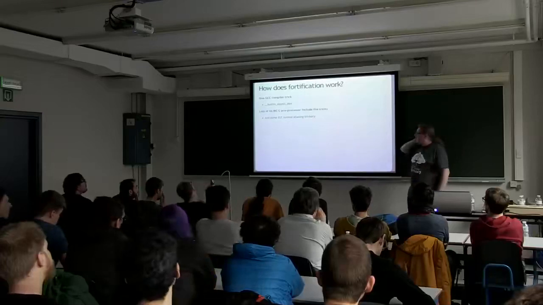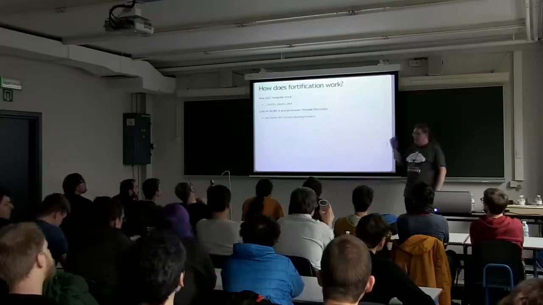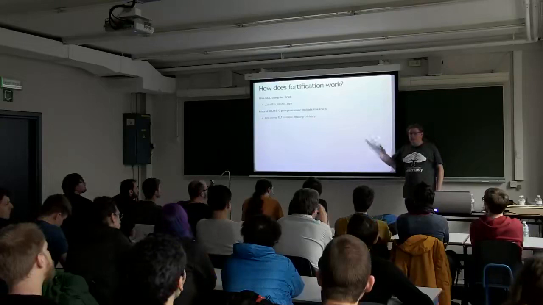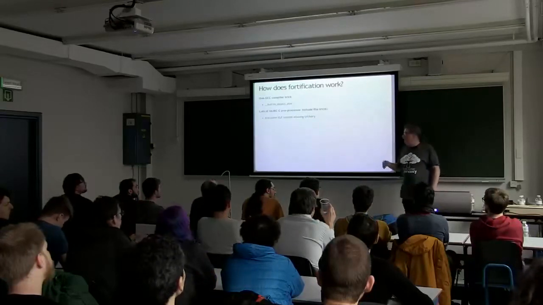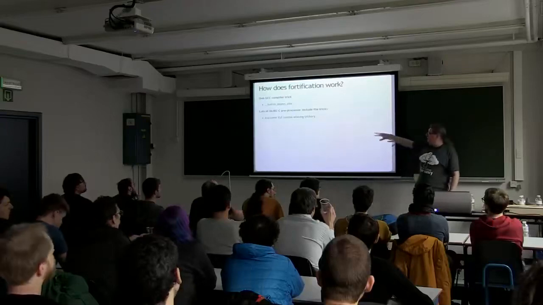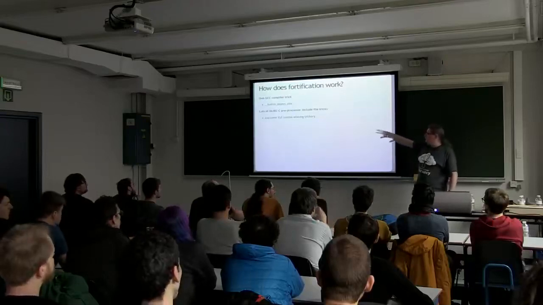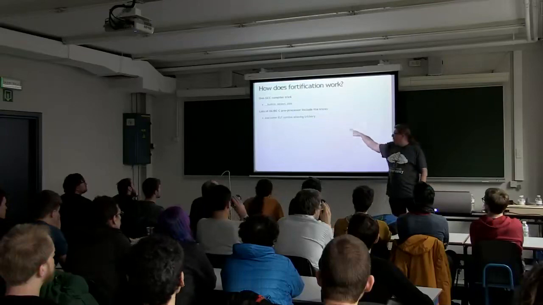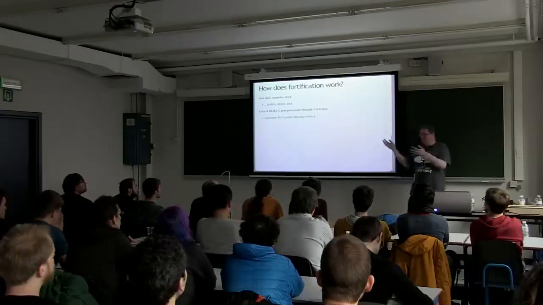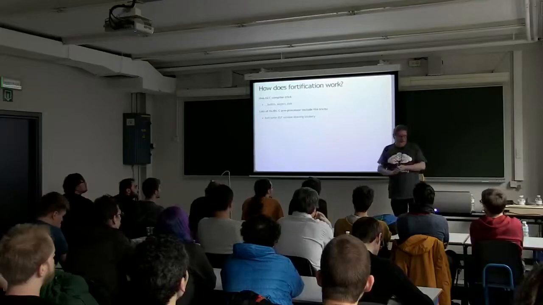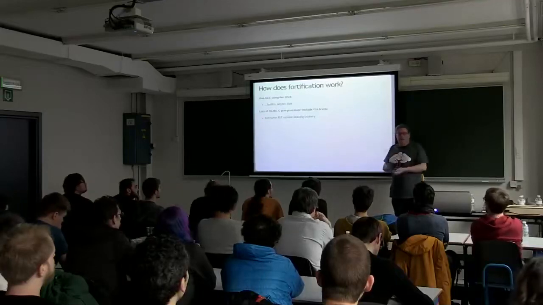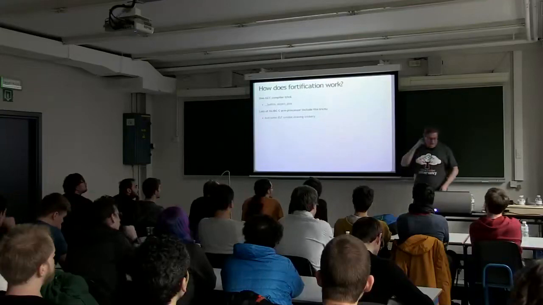There's a function, built-in object size, that gives you the size of an object given a pointer. And then you have some C preprocessor tricks which take the output of built-in object size and do the checks.